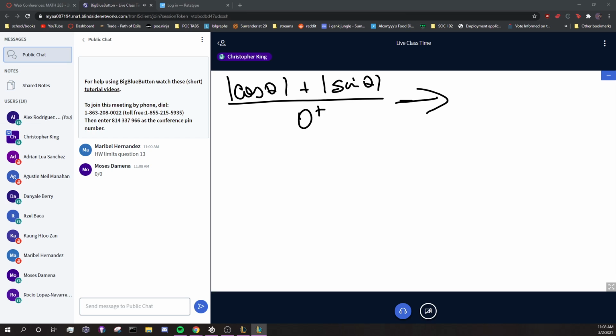And let's keep in mind that as far as sine theta and cosine theta, no matter what, there's a max they're going to be. What's the largest that cosine can be? Plus, what's the largest sine can be? 1. Then we've got it over 0 positive.